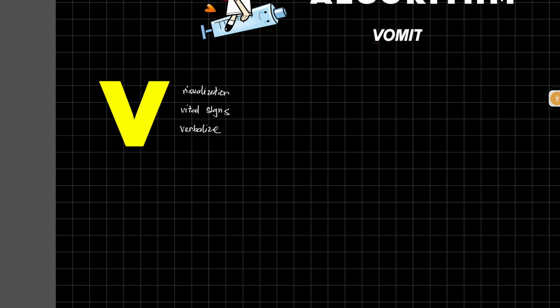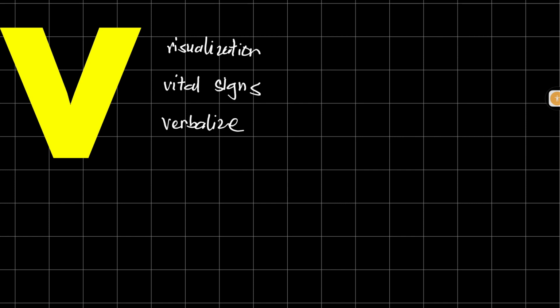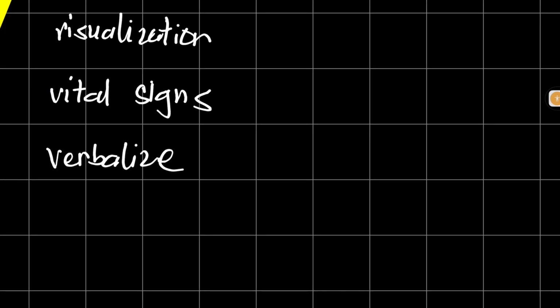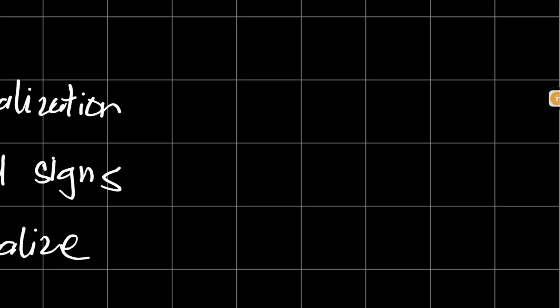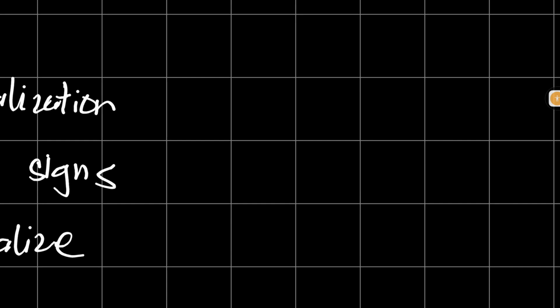When you hear the V in VOMIT, we're in pre-arrest, so don't be confused. V stands for visualization, vital signs, verbalize. What do I mean by visualization? In visualization, you guys, you have to visualize the following things in your patient.